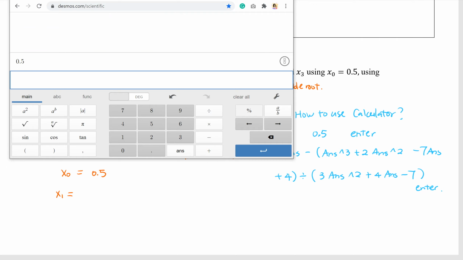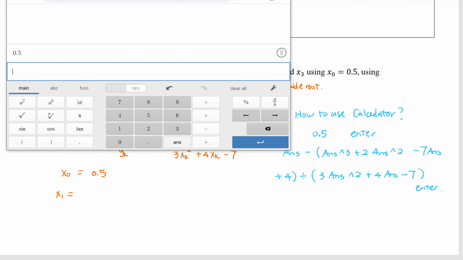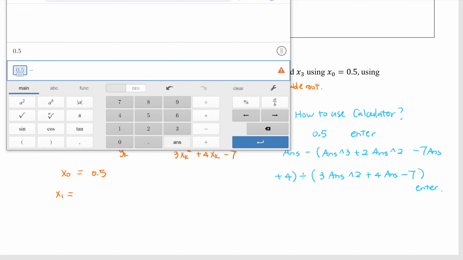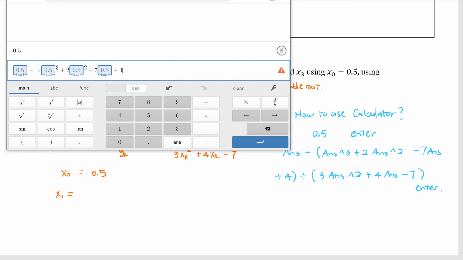Then we do answer minus parentheses answer cubed plus 2 answer squared, and then minus 7 answer plus 4, divided by... I cannot use the parentheses on my keyboard, it turns out.